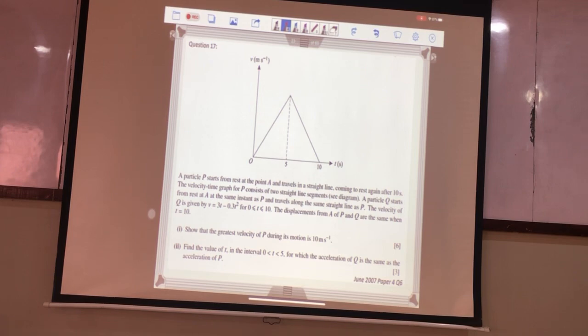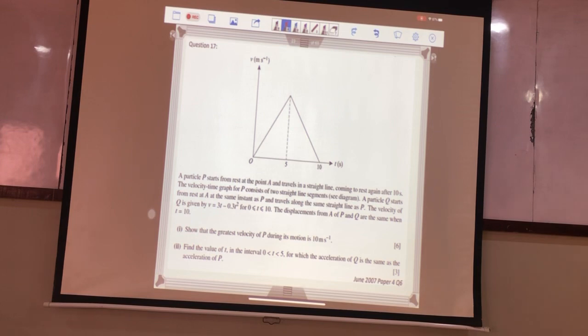A particle P starts from rest at the point A and travels in a straight line, coming to rest again after 10 seconds. The velocity time graph of P consists of 2 straight line segments.